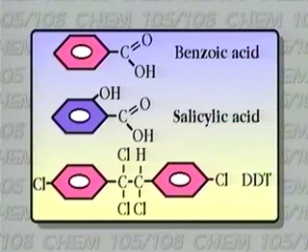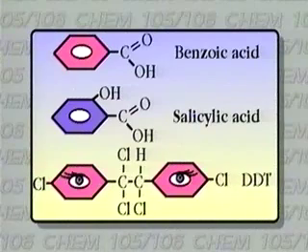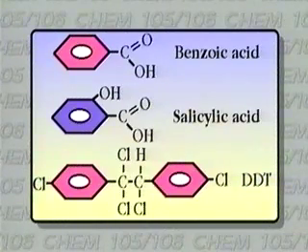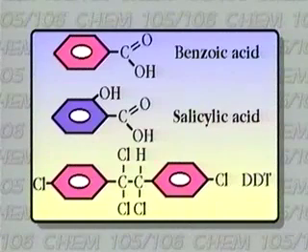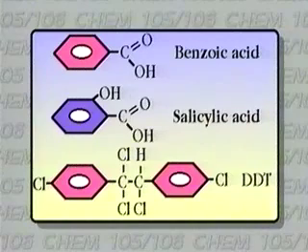And then the second D is diphenyl, that's the two phenyl groups that I was just talking about, the other name for benzene. Trichloro, 1, 2, 3 chlorines on a 2-carbon structure, ethane. So dichloro, diphenyl, trichloroethane, or abbreviated DDT.